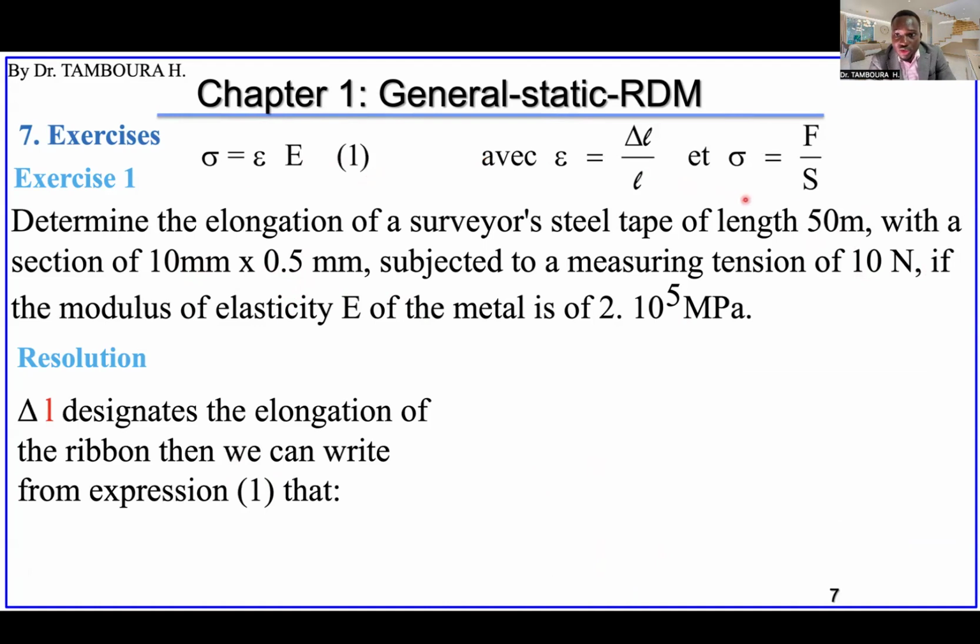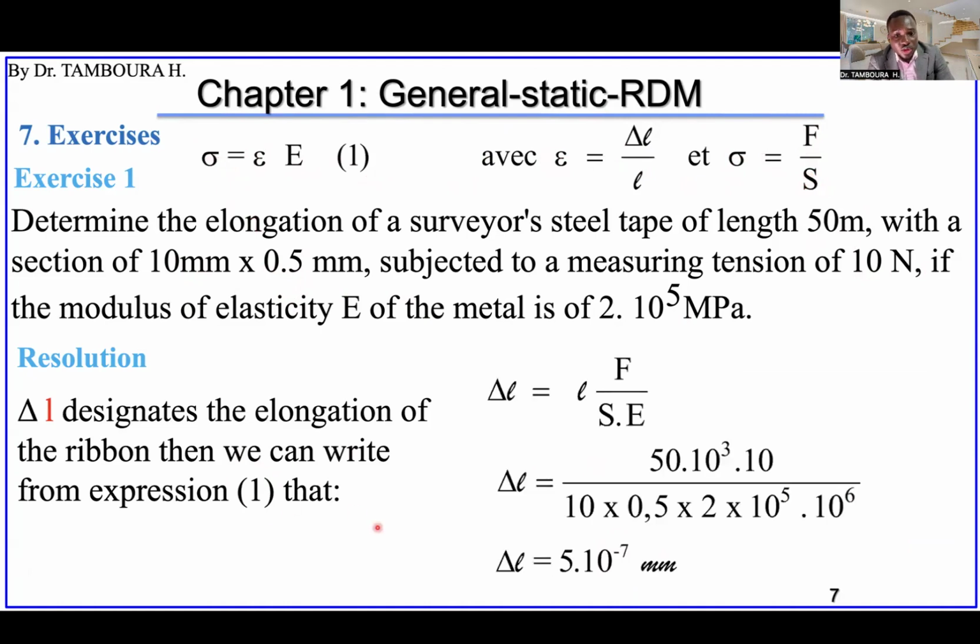I will put these equations here. By replacing the strain in equation number 1, and the sigma replaced by F divided by S, we can easily obtain the value of delta L like this. Using this formula, you can just use the values and obtain delta L easily.